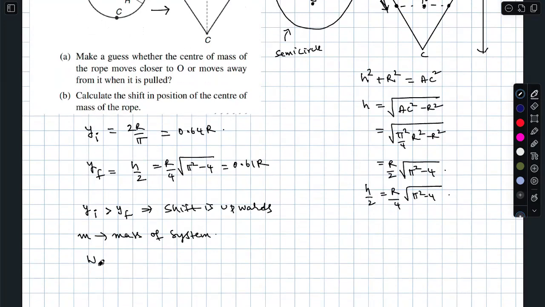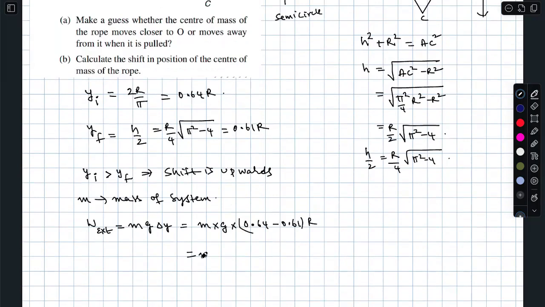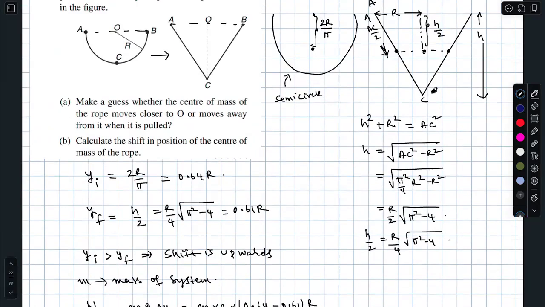In this case, work done by external agency is nothing but mg delta y, which is m into g into 0.64 minus 0.61 r, which is m into g into 0.03 r. So by changing the structure from semicircle to this, you are doing work on the system. How do I know? Because the center of mass of the system shifted up.